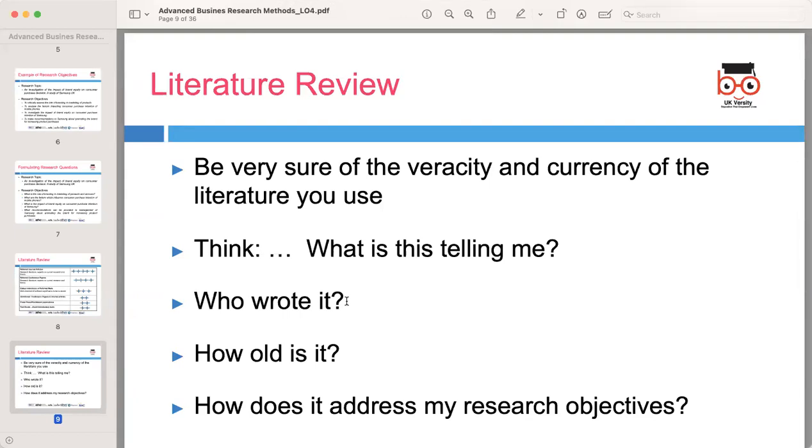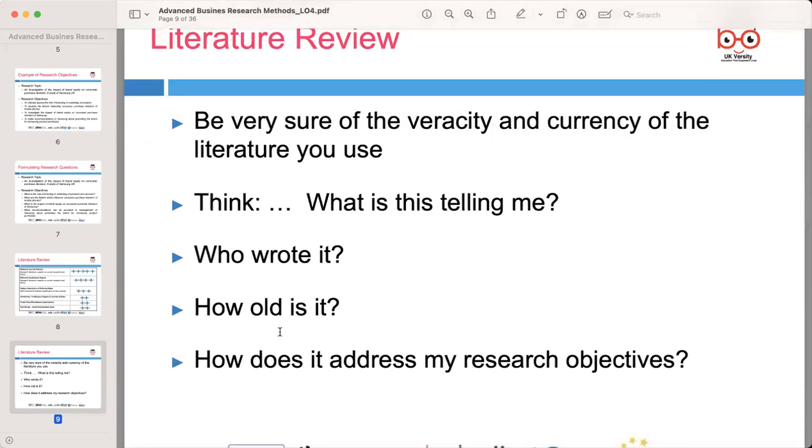So consider the credibility and experience of the author who wrote it. So who wrote the source you are using? Look for authors who are experts in their field, have relevant qualifications, and are affiliated with reputable institutions.